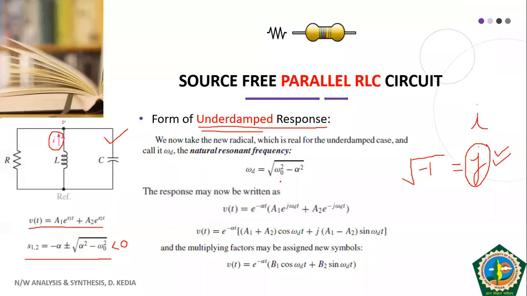So if we consider the square root of omega square minus alpha square, which is the reverse of this, equal to omega d, then these two solutions will be minus alpha plus minus J omega d, where J is your complex iota. So these are the two roots of that equation. And omega d is nothing but the square root of omega naught square minus alpha square.